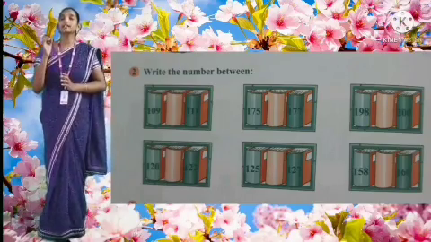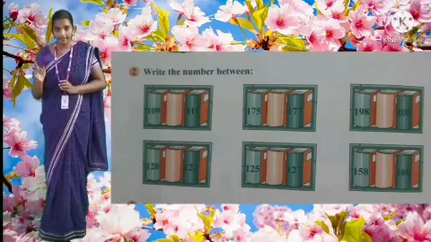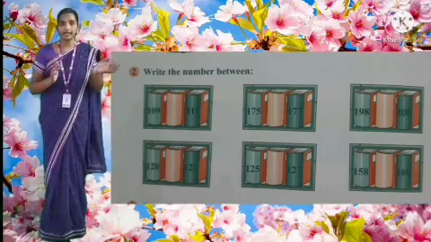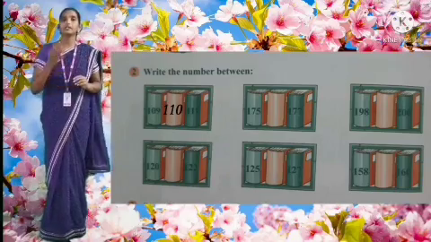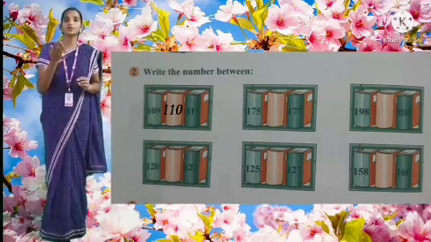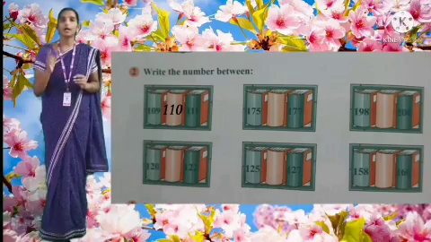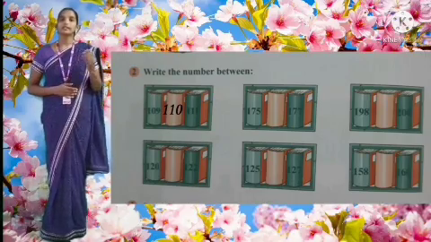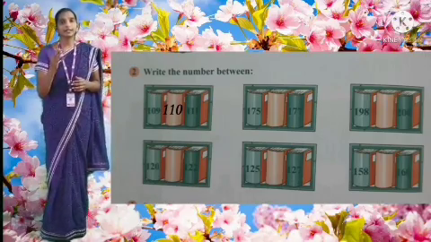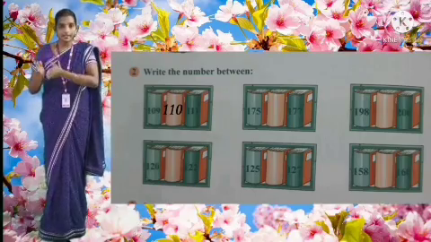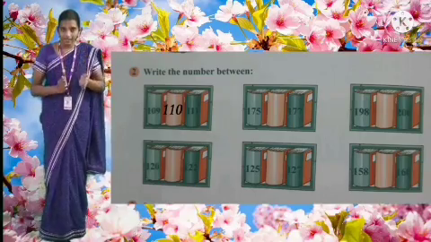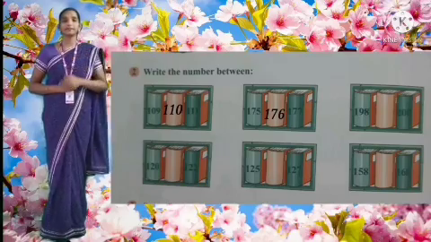See the first one, it is 109 dash 111. So 109, 110, 111. So 110 is the number we are going to write in the fill up. 110. Next one, 175 dash 177. So 175, 176, 177.